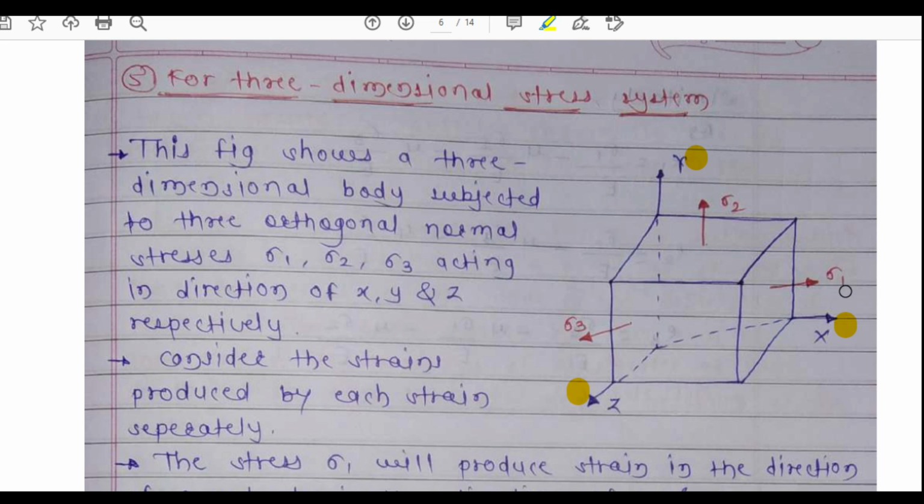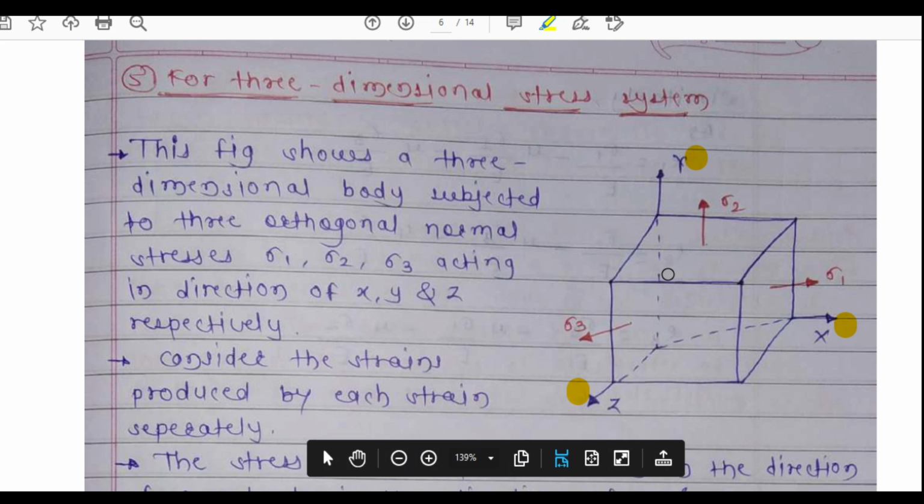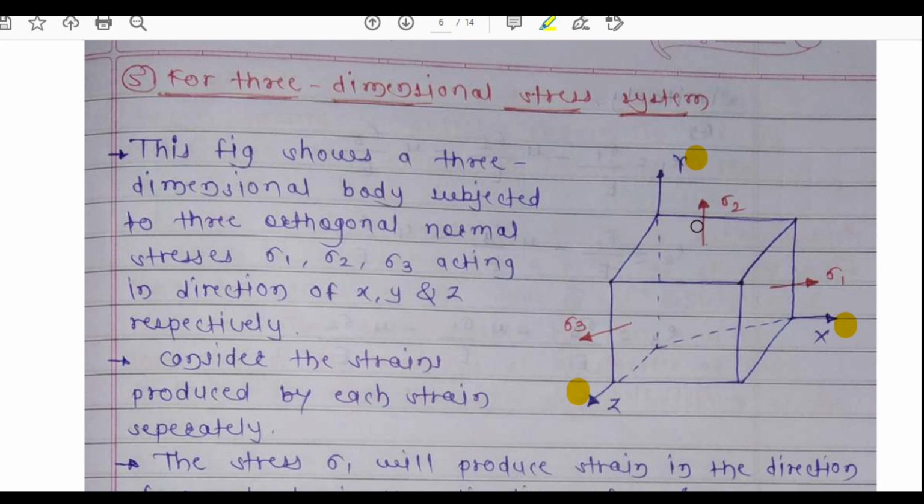Now what happens due to sigma 1, if we are considering only sigma 1? Due to this sigma 1 stress, the x direction will produce longitudinal strain, because sigma 1 is in x direction, and the y direction and z direction will produce lateral strain.